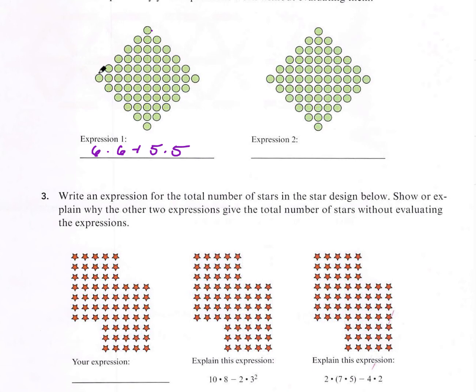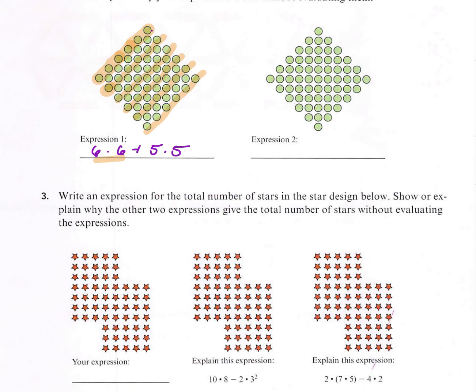Okay, let's take a look at this more closely. In each one of these diagonal rows here, I've got 1, 2, 3, 4, 5, 6 dots. And every other row has 6 dots. So that gives me 6 groups of 6.